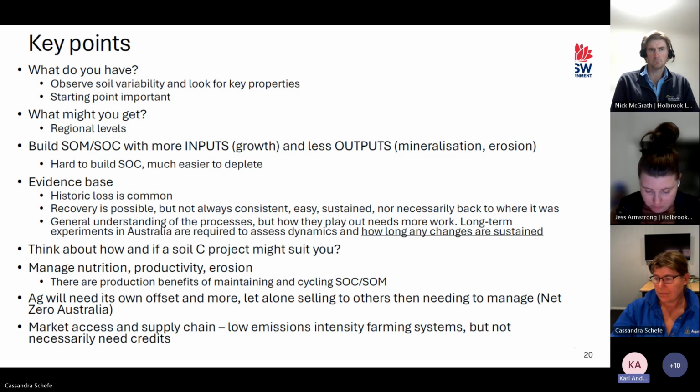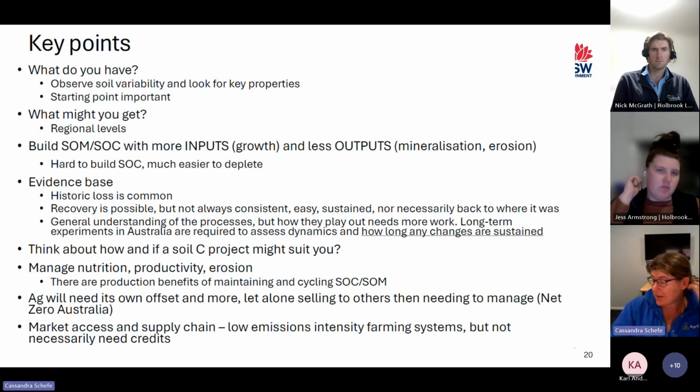If you can quantify and show that you've got relatively low emissions for your production system, that would mean that you're a more attractive supplier for someone down the supply chain, because it gives them a lower footprint, and that ag itself will need to hold as many credits as it can for its own offsets before it's looking to support other areas.